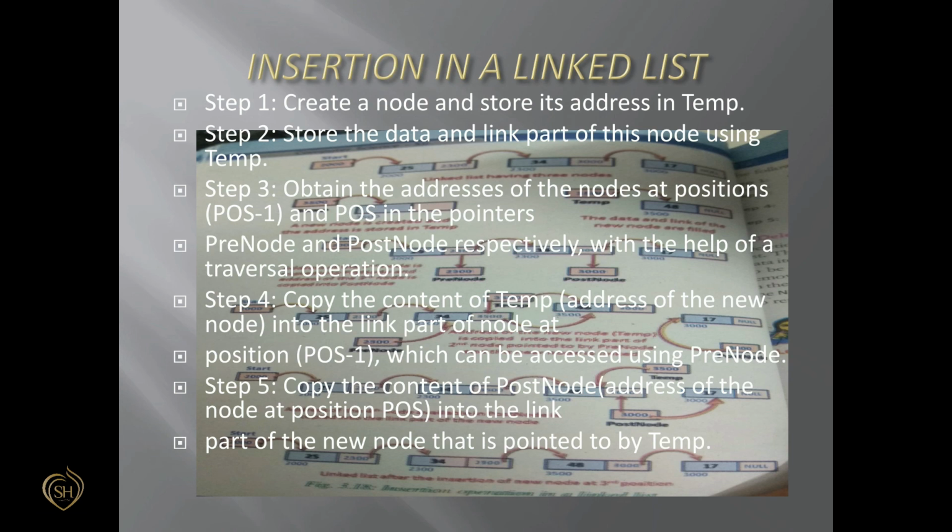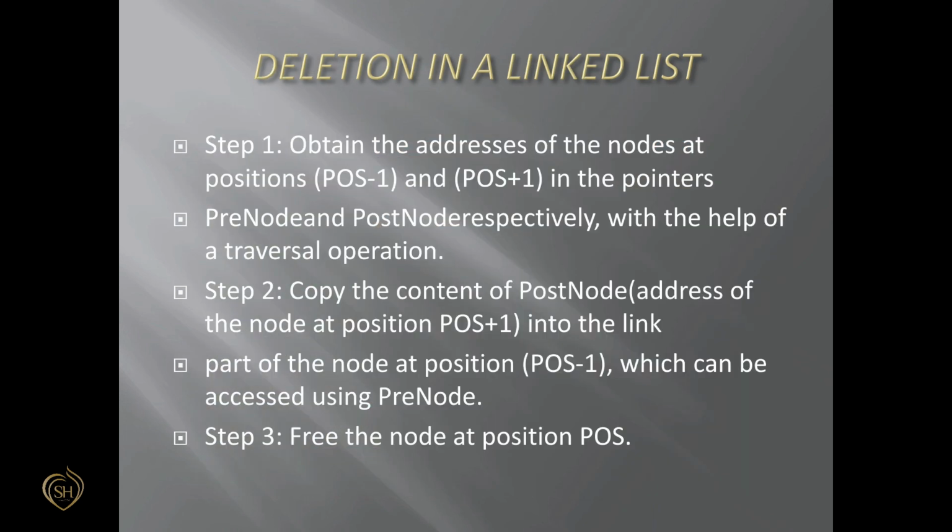Then copy the content of the post node into the link part of the new node. Then access the address of the temp value and copy the address into the link part of the pre-node. That is the algorithm.